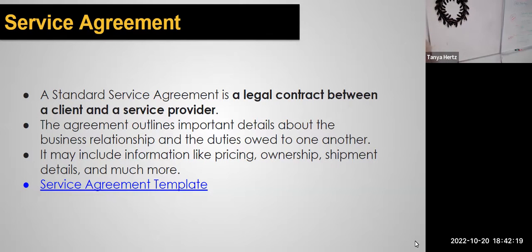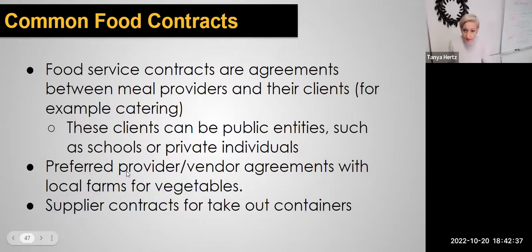And I've included here a copy of a service agreement. It's a template that we use for our preferred vendors at the educational institution at the San Diego Community College District. And so you'll see lots of these contracts in the food industry. Food service contracts in general are agreements between the person providing the meals or their food and the clients.